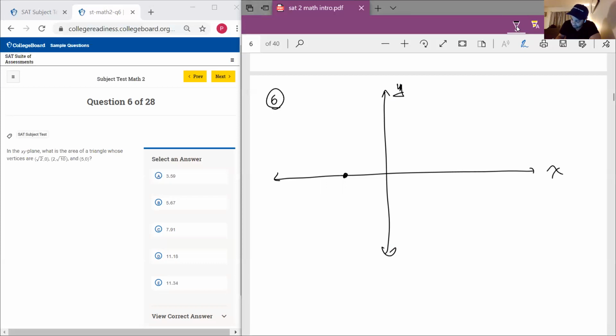Who cares? My brain is not working. What is going on? So 2 root 10 and 5, 0. Okay, and you want the area of this triangle.